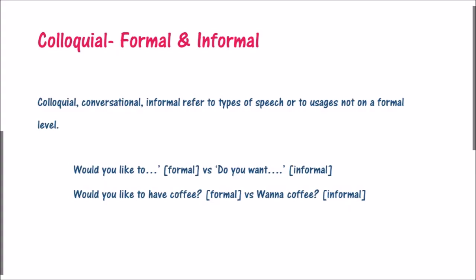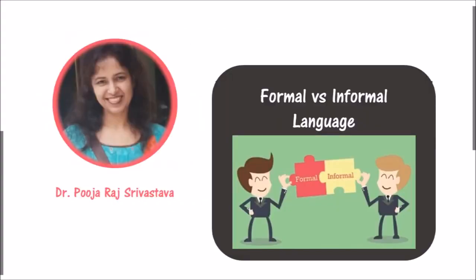Here we can take the example like rather than using wanna coffee, which is informal, we can use the sentence, would you like to have coffee? It is extremely important to understand and utilize the nuances of formal language so that you can deal with formal situations.